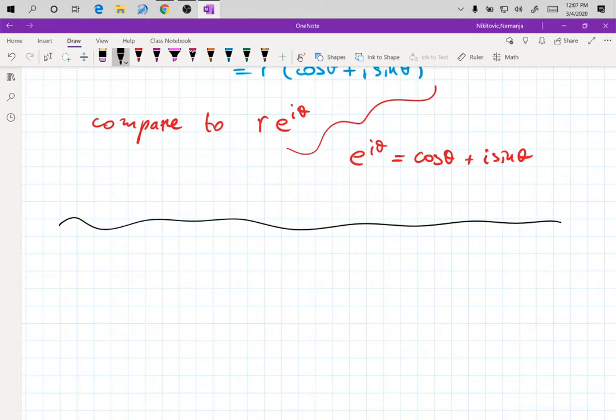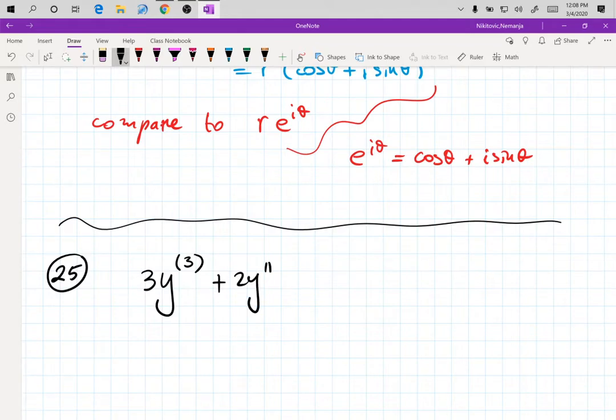Now I'm going to switch to 24 or 20 because for 25 you have the solution on the back. I'm just kidding. 25 it is. 3y, and that's not a cube, that's a third derivative, plus 2y double prime equal to 0.